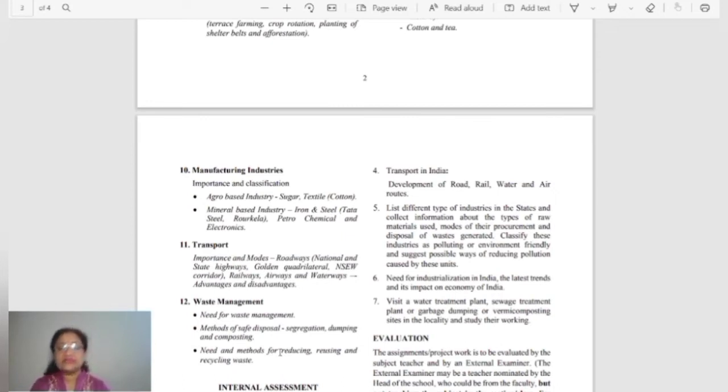So all this is a part of the syllabus. I hope the entire syllabus is very clear to you all. This is the complete reduced syllabus we have to cover this time in the second term exam.